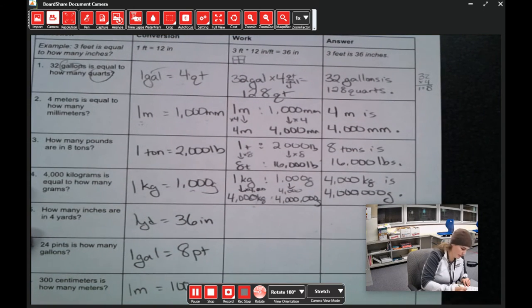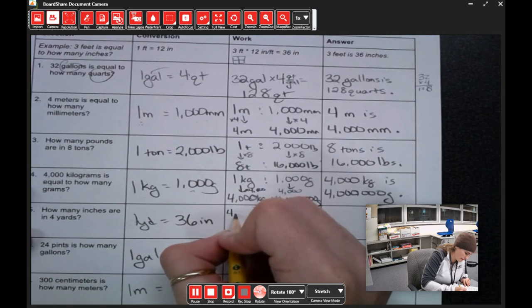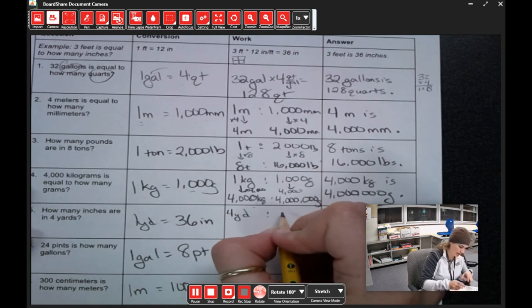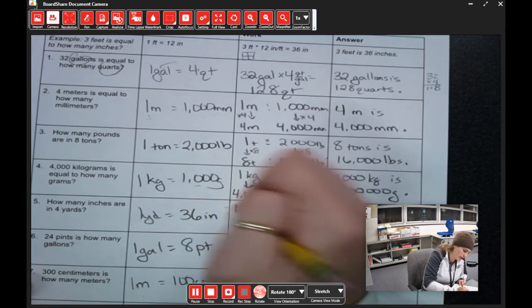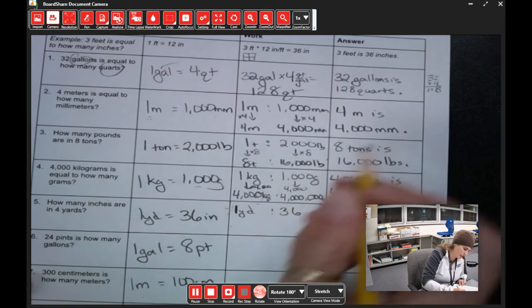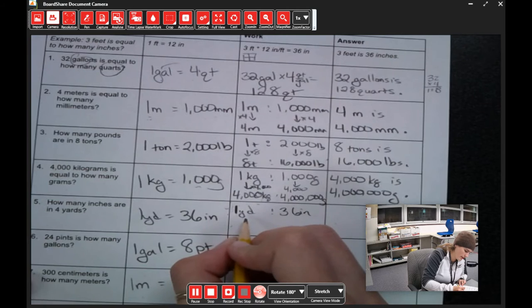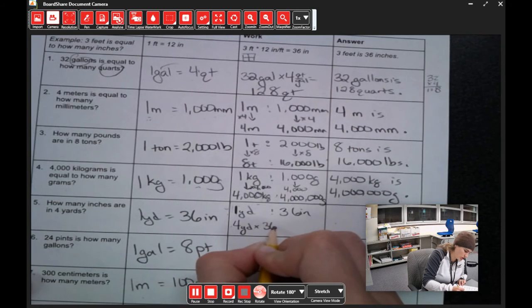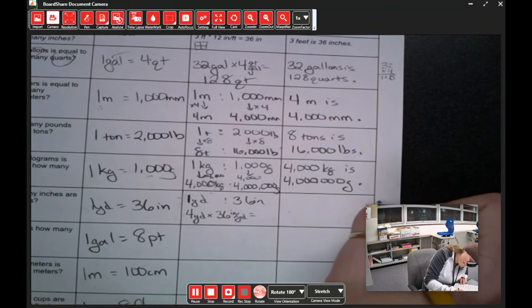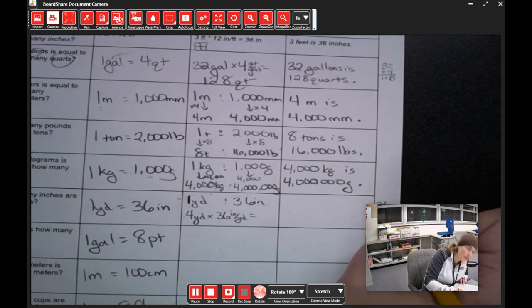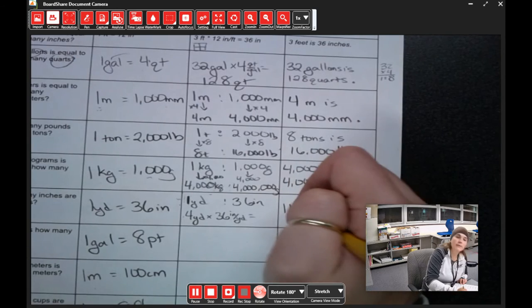How many inches are in 4 yards? 4 yards, oopsie, I did that backwards. Start with the conversion. 1 yard is 36 inches, so I'm going to be multiplying times 4. 4 yards times 36 inches per yard gives me 144.